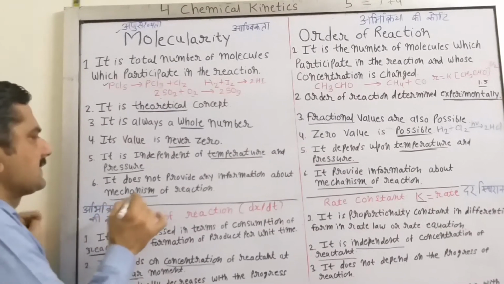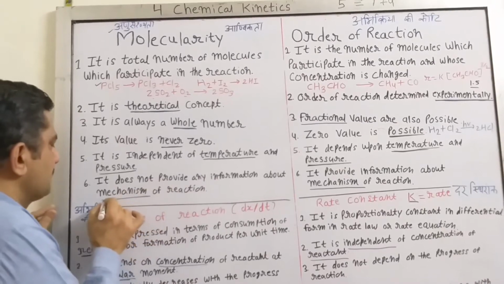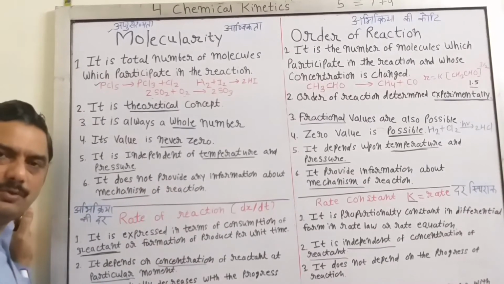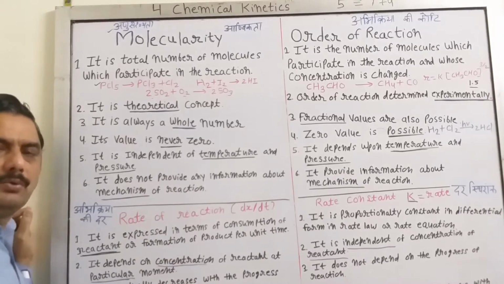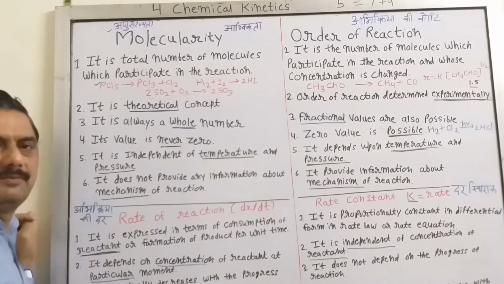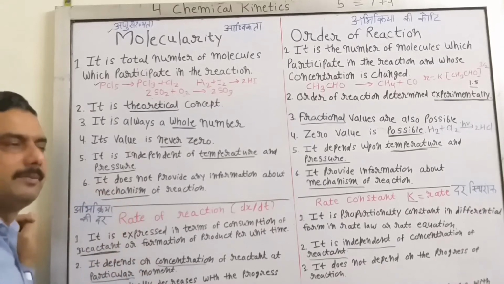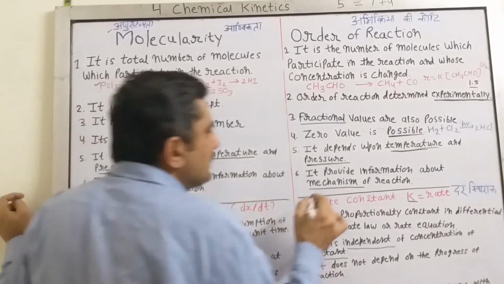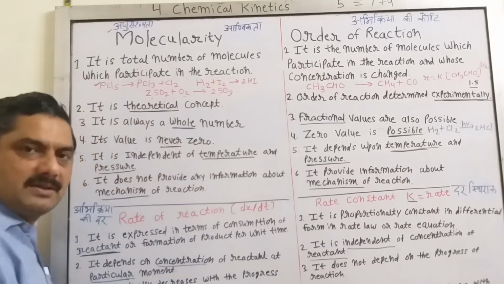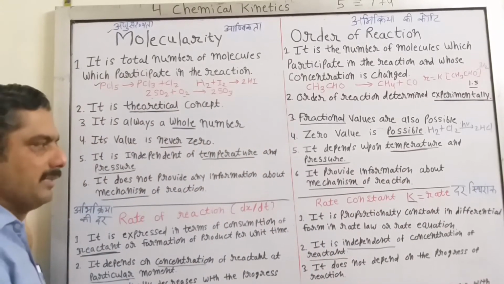Next, molecularity does not provide any information about the mechanism of reaction. Whether the reaction is unimolecular, bimolecular, slow, fast, SN1, SN2, no such information is obtained from molecularity. Order of reaction provides information about the mechanism of reaction. With the help of order of reaction, we can determine the mechanism of reaction.